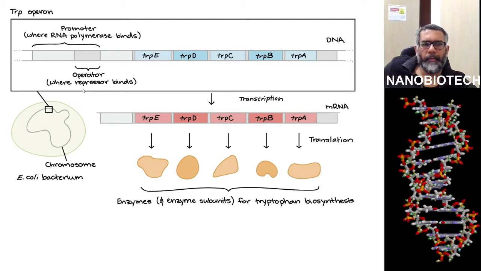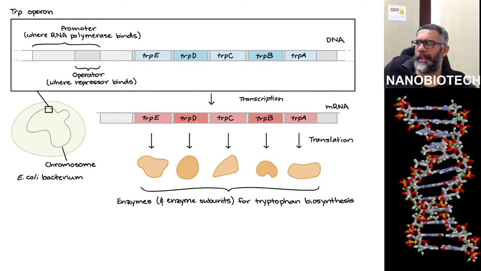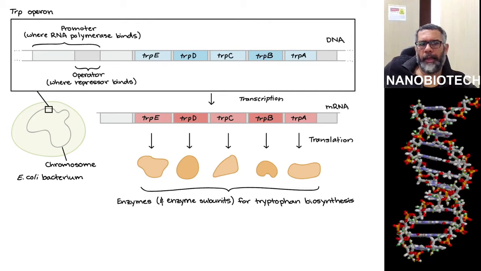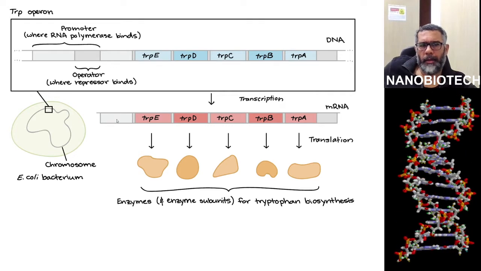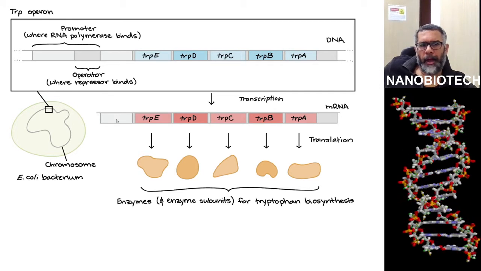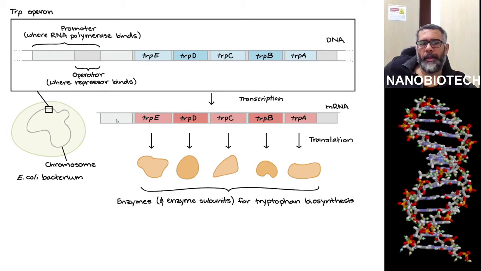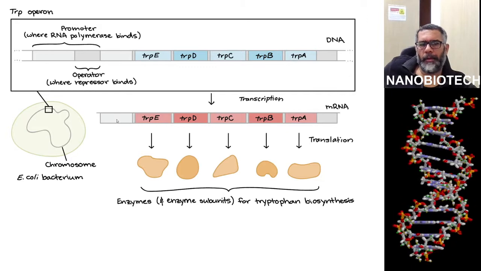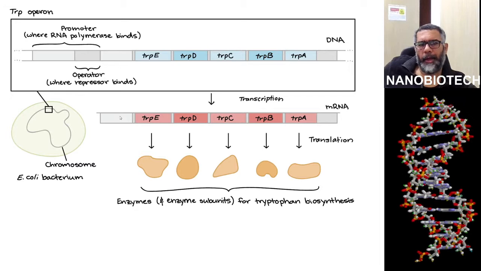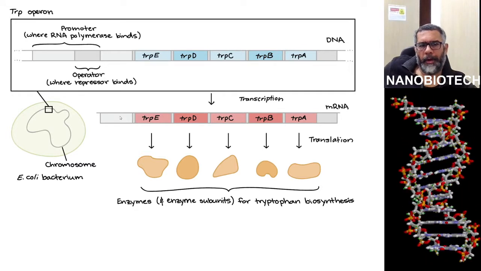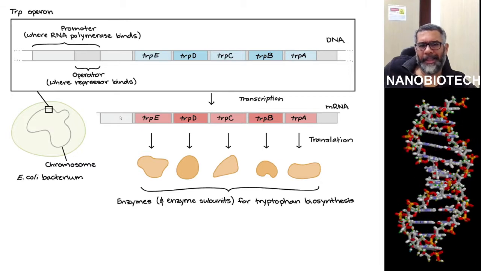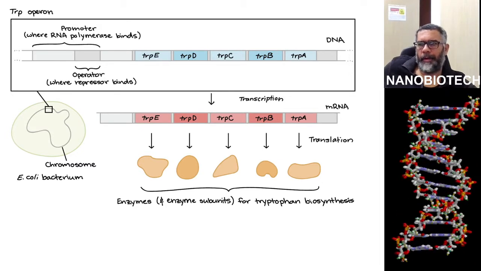For example, the trp operon is a repressible operon that encodes enzymes for synthesis of the amino acid tryptophan. This operon is expressed by default, but can be repressed when high levels of the amino acid tryptophan are present. The corepressor in this case is tryptophan.